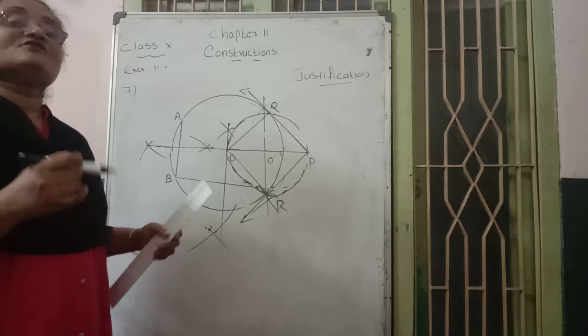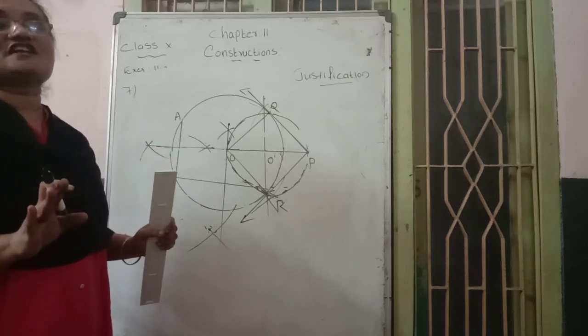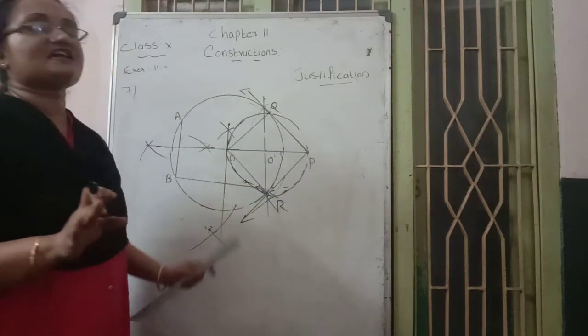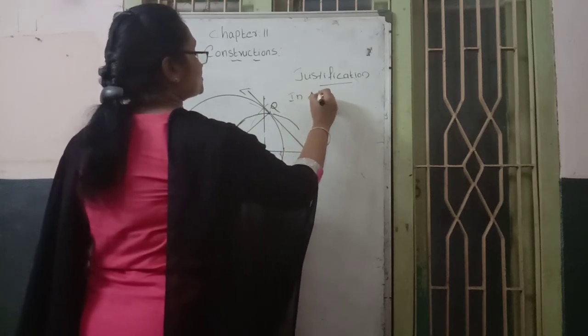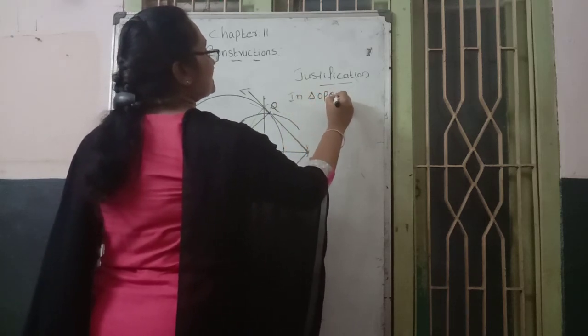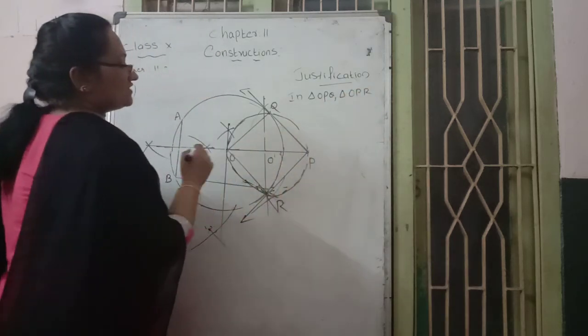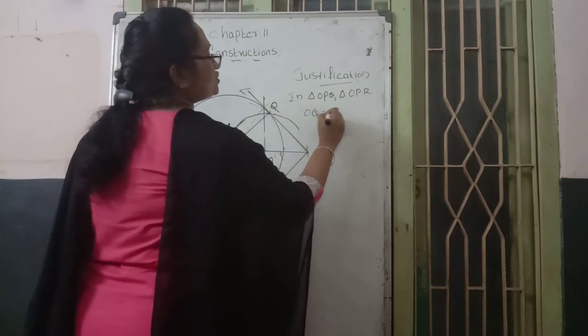So we want to prove that the two triangles are congruent, and therefore the tangents PQ and PR are equal. Consider two triangles: first triangle OPQ, second triangle OPR. From there we can say OQ is equal to OR.